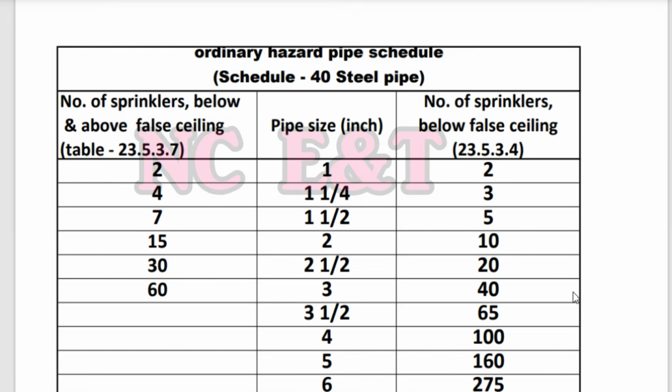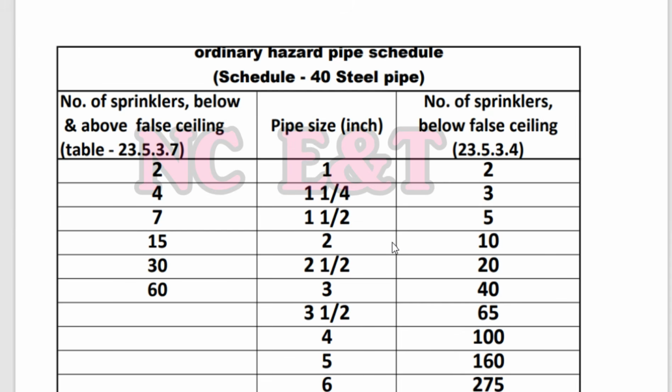In the same way we have two tables for ordinary hazard, one for the sprinklers located only on one side, either below or above the ceiling, and in the other there is a mix, where some sprinklers in the same branch are above and some sprinklers are below the ceiling.